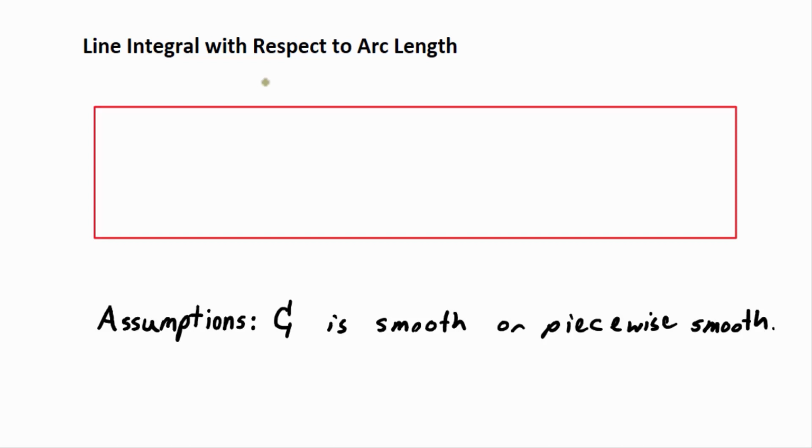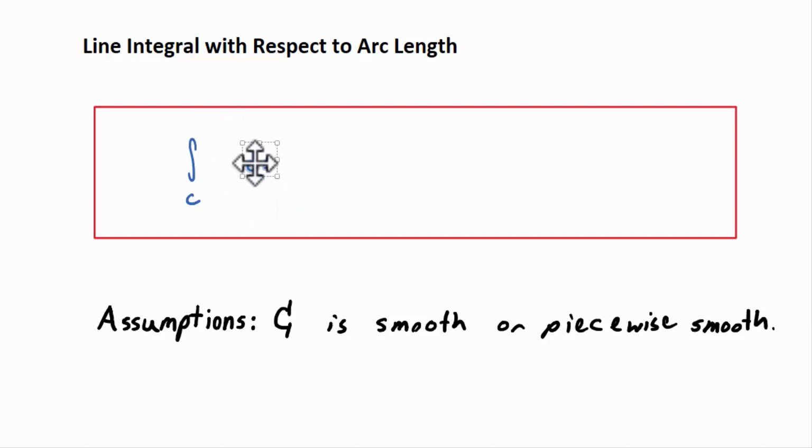So again, we have an underlying c and a parameterization r of t. C is at least a piecewise smooth curve here. So it's pretty well behaved, no sharp edges, or a finite number of sharp edges if it's piecewise smooth. Then we would have something like this. The integral over c, we have ds as our differential. Then inside here, we stick in a function.